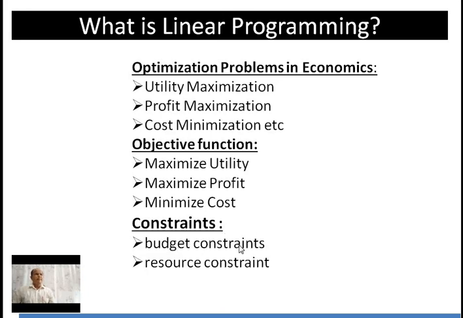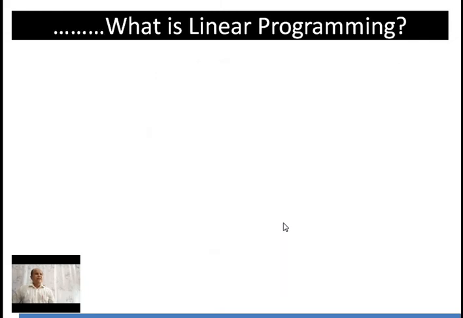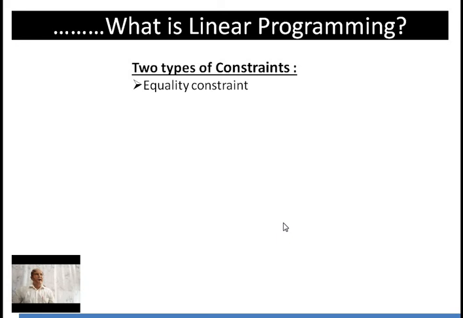Similarly, for the producers, they have resource constraints, capacity constraints. So in an optimization problem, we have two types of functions: objective functions and constraint functions. Constraints have two types: equality constraints and inequality constraints.